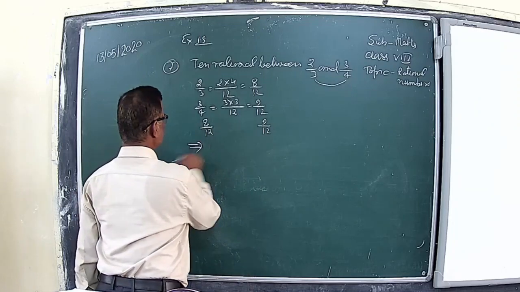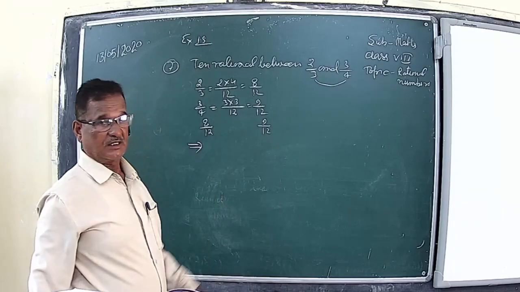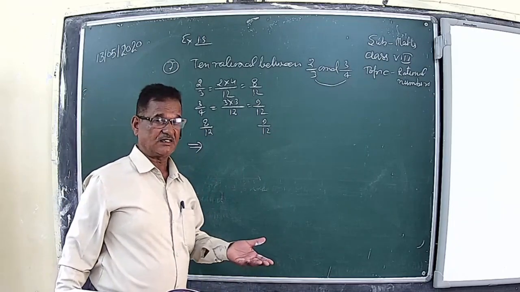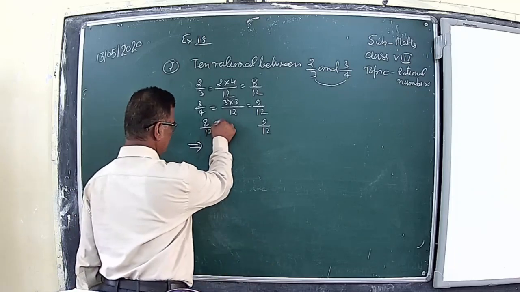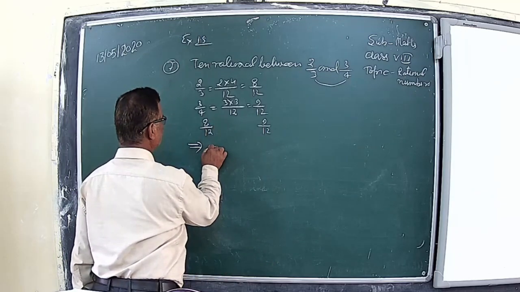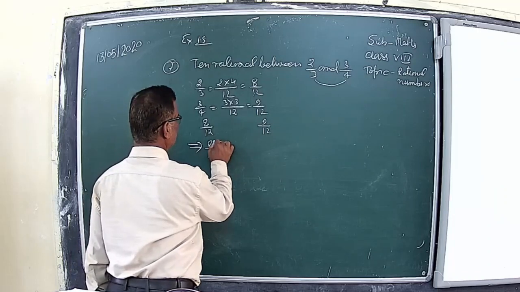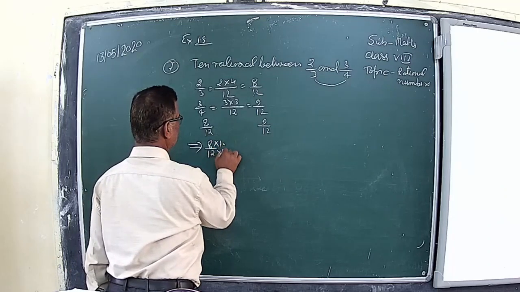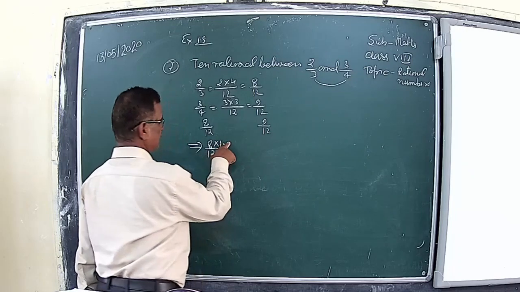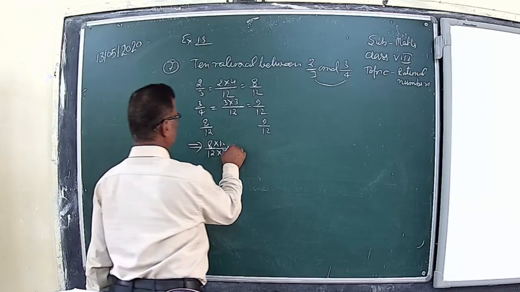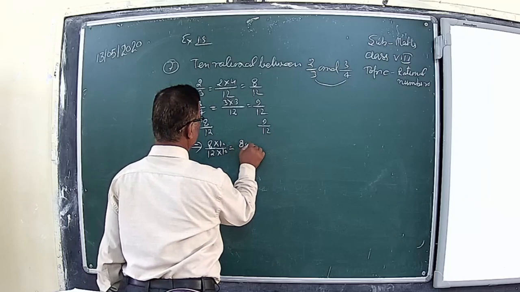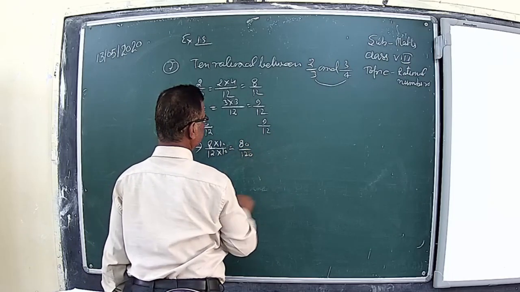Change these equivalent rational numbers into bigger equivalent rational numbers, that is, multiply by 10 up and down. That becomes 8 by 12 into 10: 10 multiplied with the numerator and 10 with the denominator, that is 80 by 120.